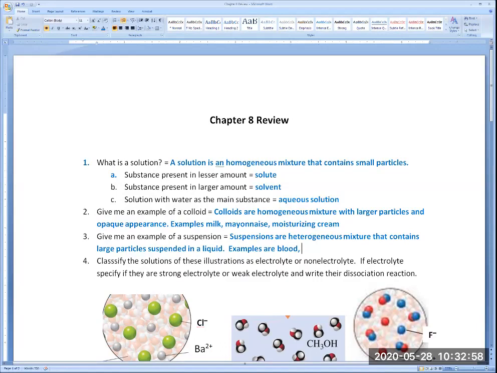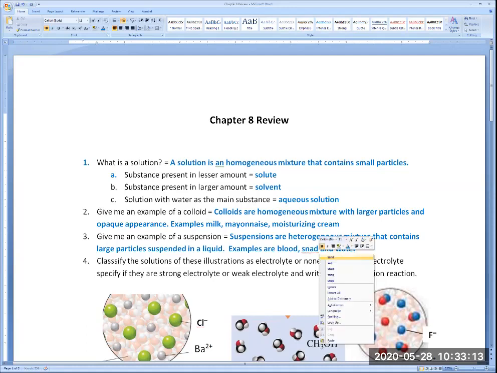Another example could be simply sand and water, very fine sand. If it's well mixed, it's a suspension, but then if you let it rest, the sand will definitely go down and settle at the bottom of the container, for example.